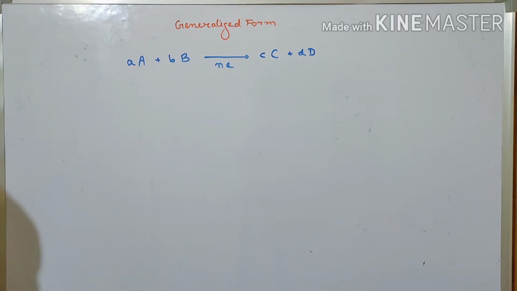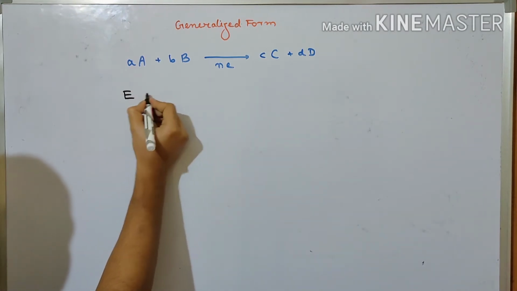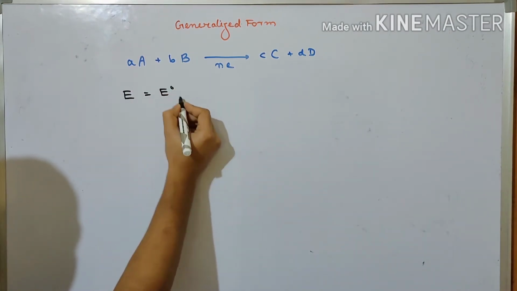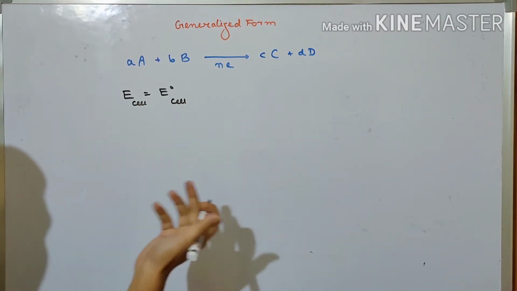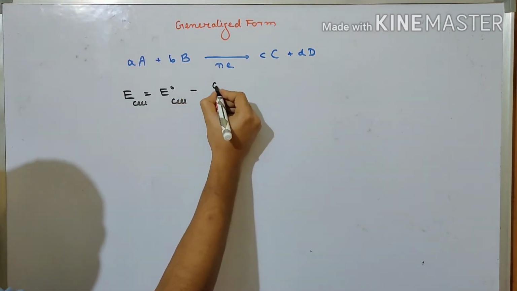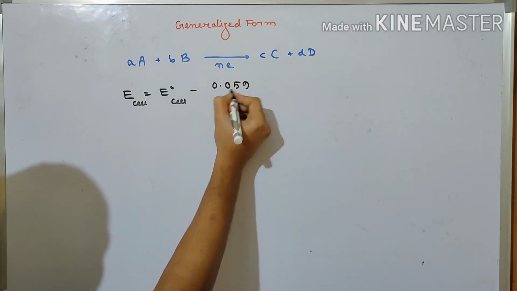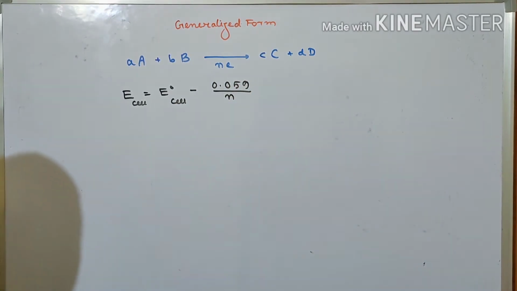So let us write down the Nernst equation. So E cell should be equal to E0 cell. We have seen how it is, minus 0.059 by n, because the number of electron changes will be n only.